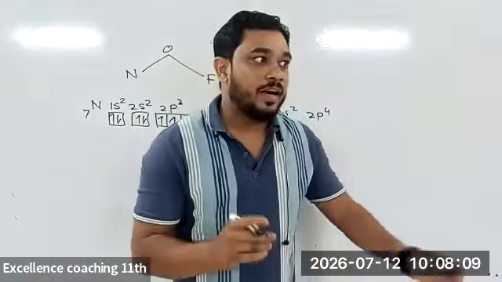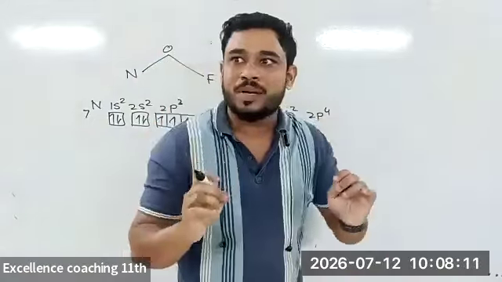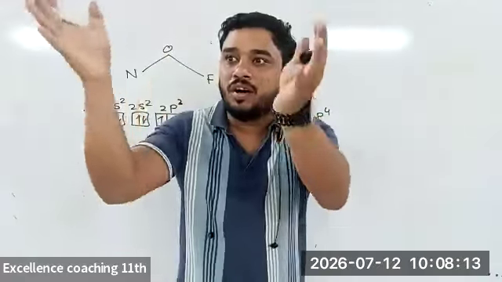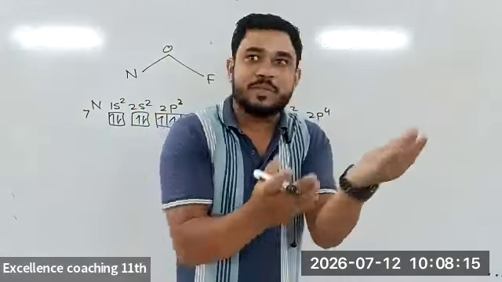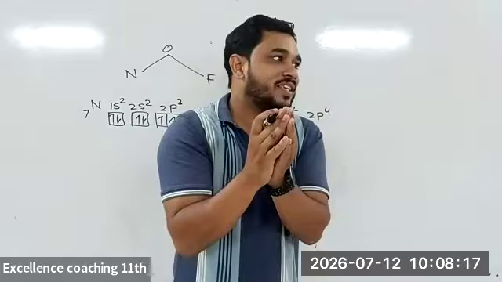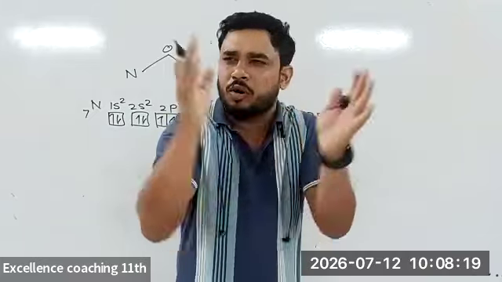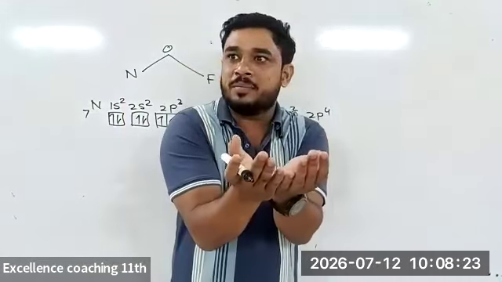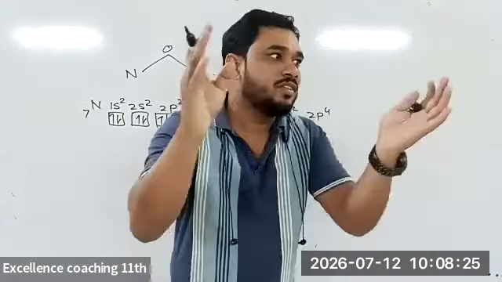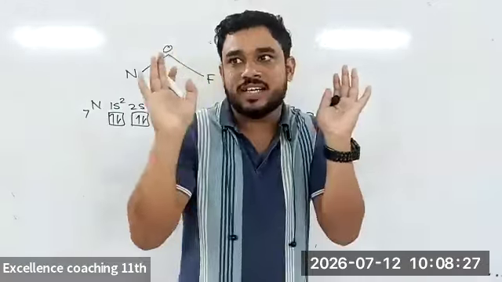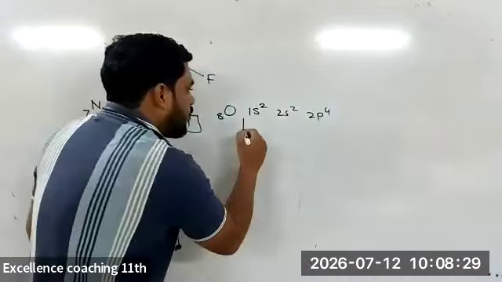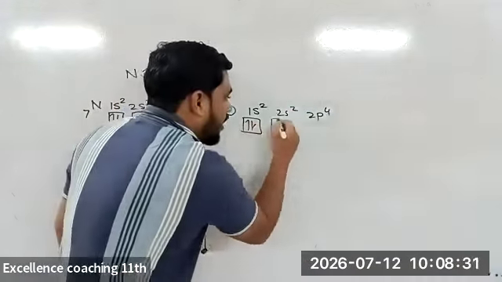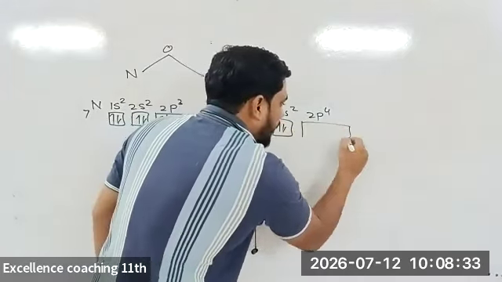Some focus on chromium +3, chromium, copper. So don't make mistakes for the simple ones. Please don't do that. So 1s, 2 electrons, 2s, 2 electrons, and 2p.